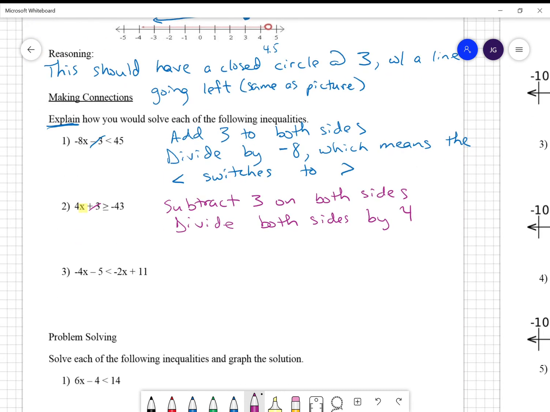In number 3, I have 2 x's, and they're on opposite sides. So I am going to add 4x to both sides. Now you might need to do that to see what to do next.